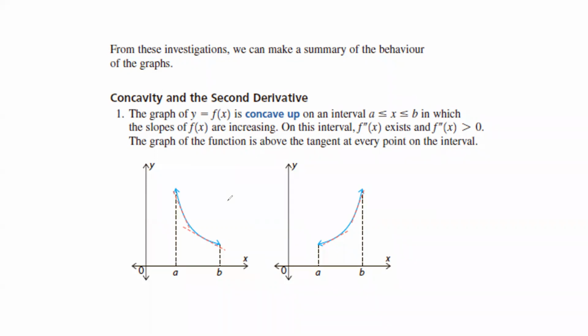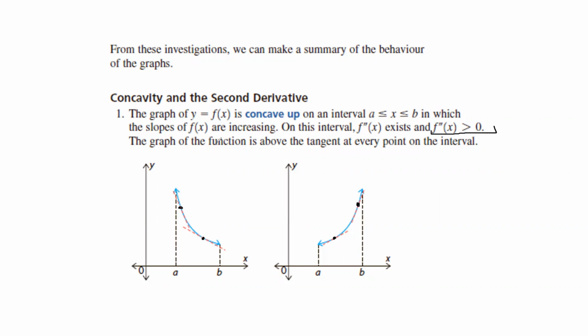It means we have positive acceleration. You see, second derivative greater than 0. Concave up is also characterized by the graph being above the tangent line. Can you see this? Yeah.